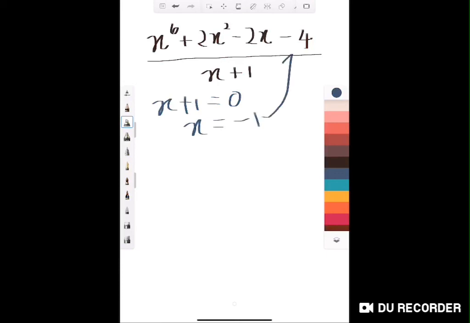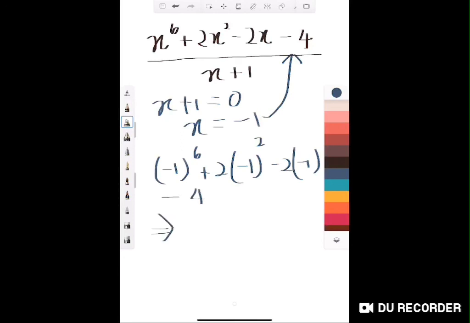Substitute in your polynomial. Okay, so you get negative 1 power of 6 plus 2 times negative 1 power of 2, minus 2 times negative 1, minus 4. Let's check whether we get 0 or not. So negative 1 power of 6 is 1.